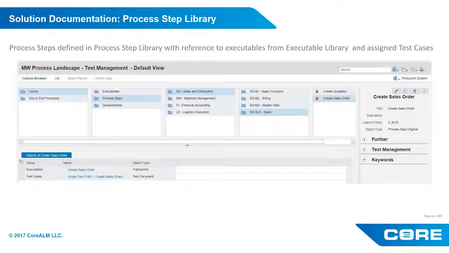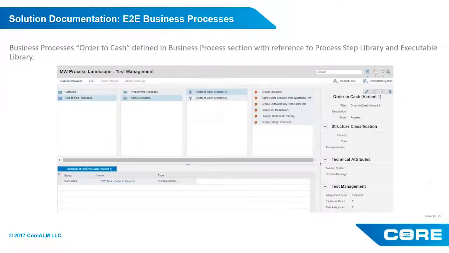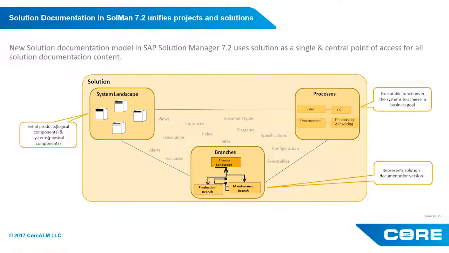In 7.2, again, more than 3 levels, so with an improved structure. You can have 4 or 5 levels, as many as you'd like. Storage of the objects is a separate library, so now you have libraries where you can store all of your technical items. So for example, all of the executables, configuration, IMG objects, including documentation and process steps, they can be documented in a separate level.